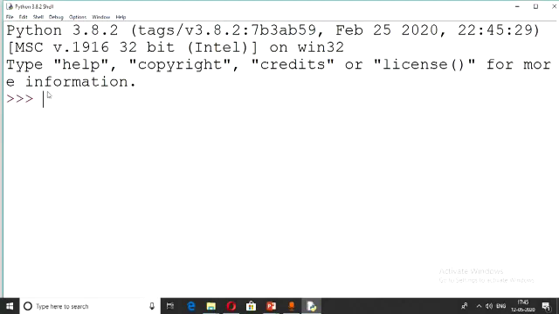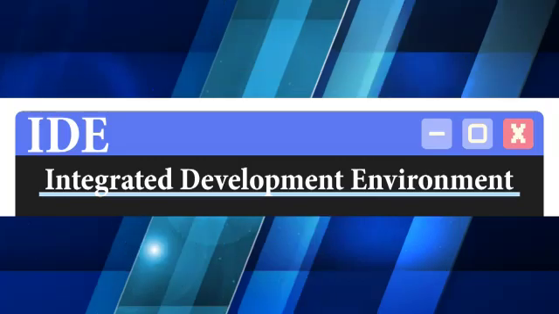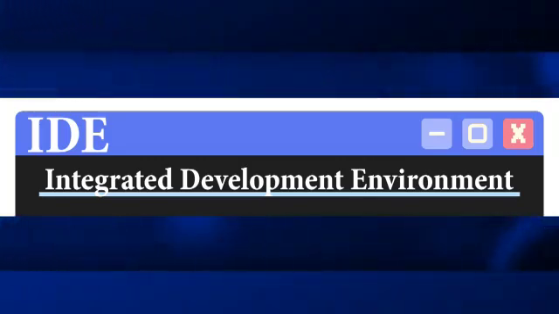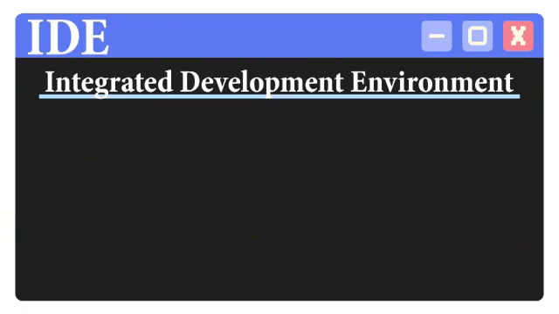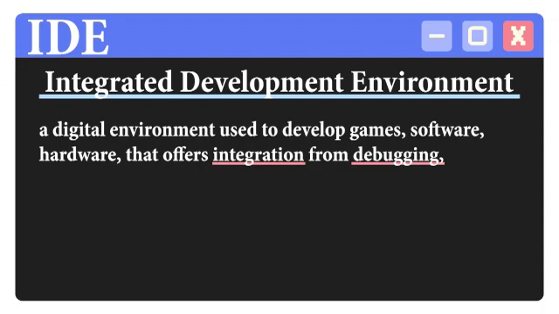Now before we start programming, let me explain to you what is IDE. IDE stands for Integrated Development Environment. As the name suggests, IDE is a digital environment used to develop games and software that offers integration from debugging all the way to compiling.